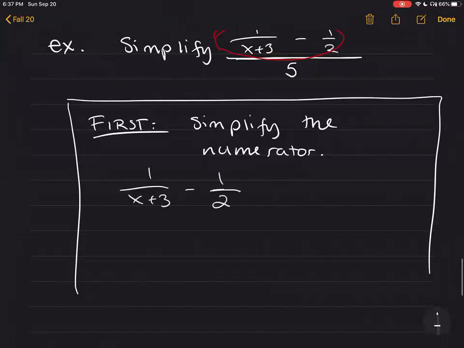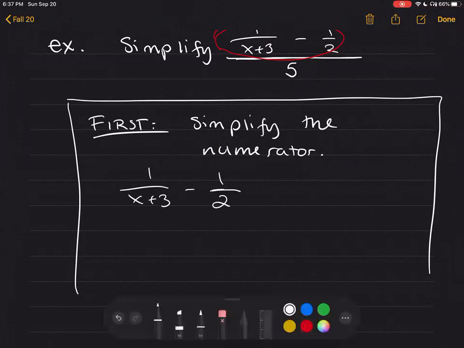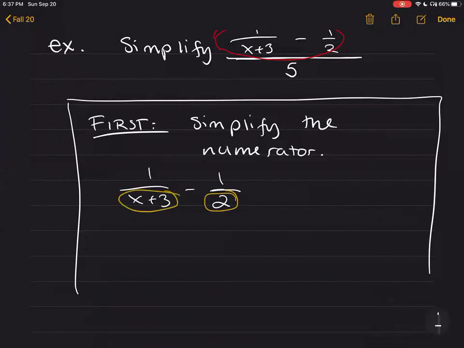Now we've got to make sure the denominators here are the same, right? So this 2 is not the same as x plus 3. So what I'm going to do is multiply this one by 2 over 2, so 1 over x plus 3, and then times 2 over 2. So that's going to have a 2 factor.